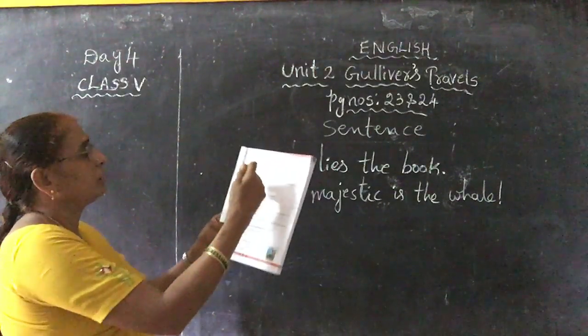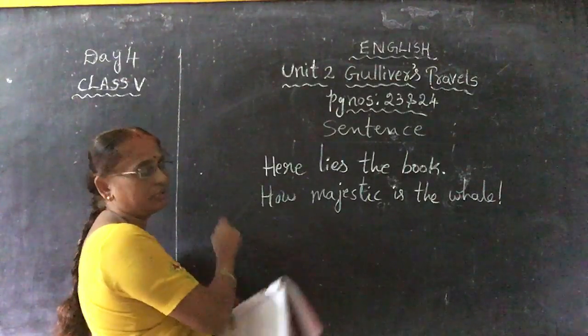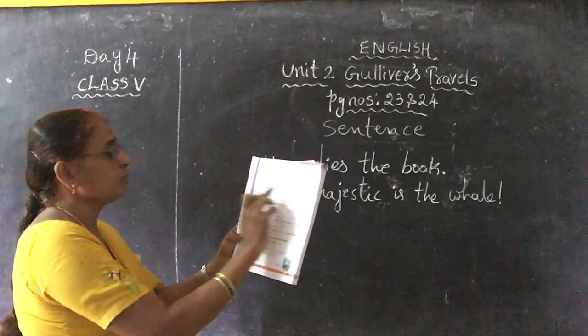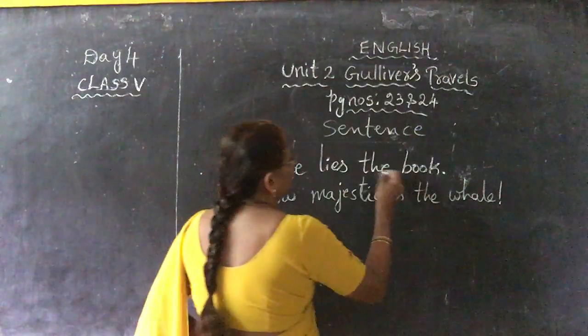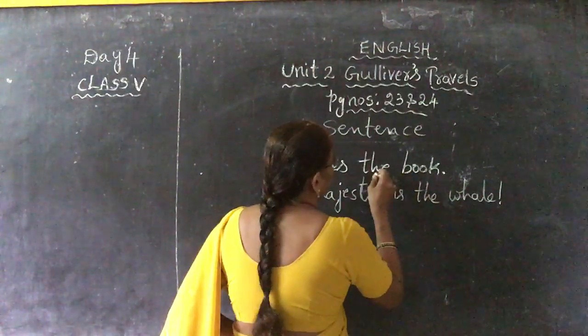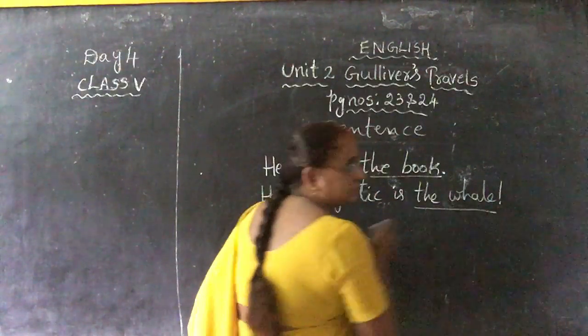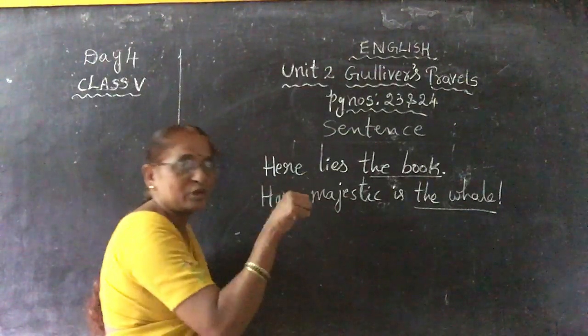It is not like the 1 to 8 sentences. You read the sentence very carefully. But sometimes the subject is put after the predicate. The book is the subject, children. The whale is the subject here. Here lies is the predicate and how majestic is is the predicate, children.